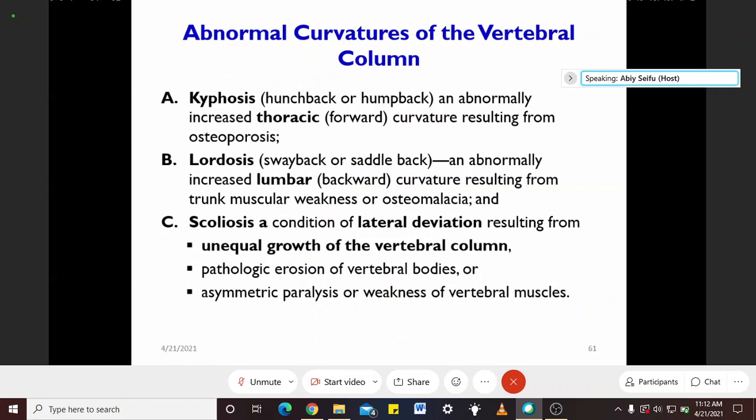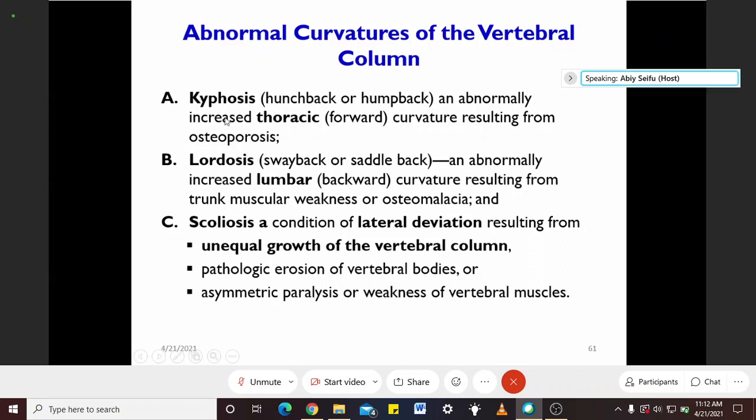But there is also abnormal curvature, which is a more exaggerated curvature that deviates from the normal curvature. Kyphosis, or hunchback, is when the thoracic curvature is more exaggerated, which is related to osteoporosis.